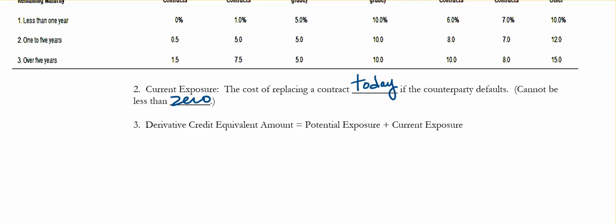All right, so we add both the potential and the current exposure to get the derivative equivalent amount. Right, and again, derivatives are the other kind of off-balance sheet activity. The other one were the contingent-based activities like loan commitments and letters of credit.